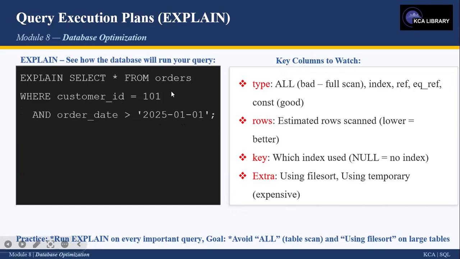Key columns to watch after you run your query: type, rows, key, and extra. Run EXPLAIN on every important query. Your goal is to avoid full table scans and filesort on large tables.